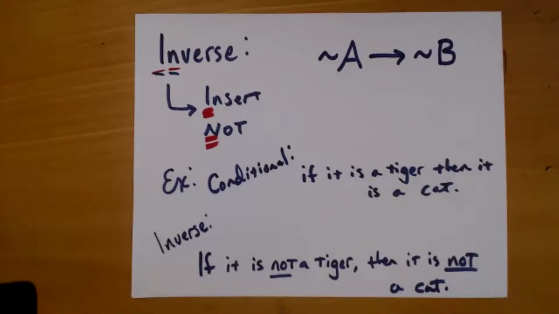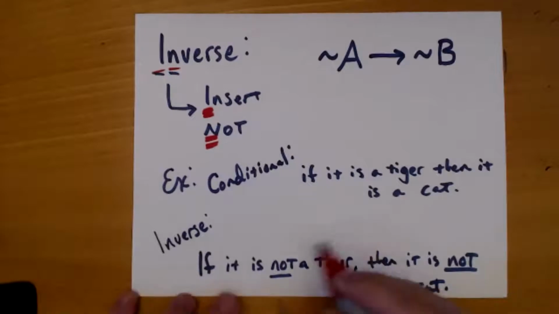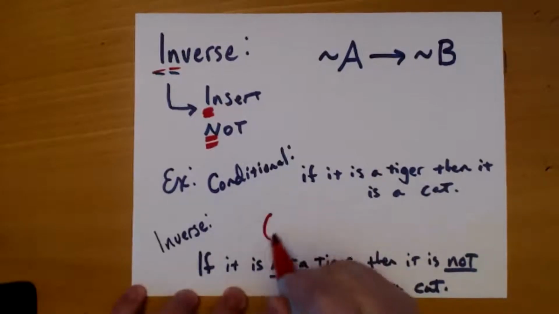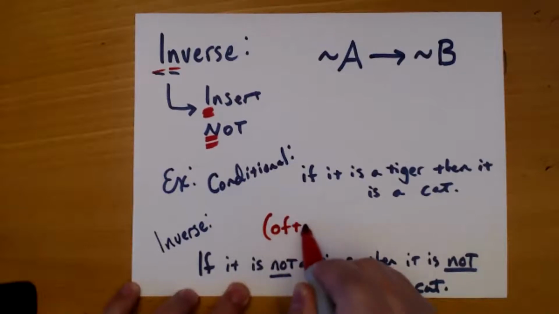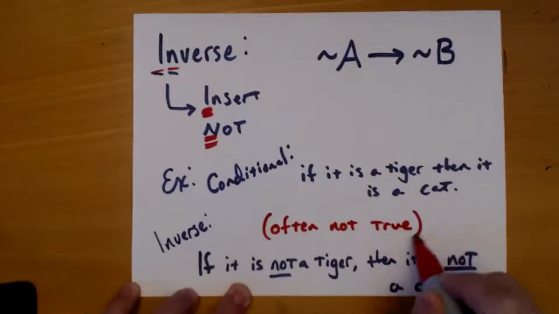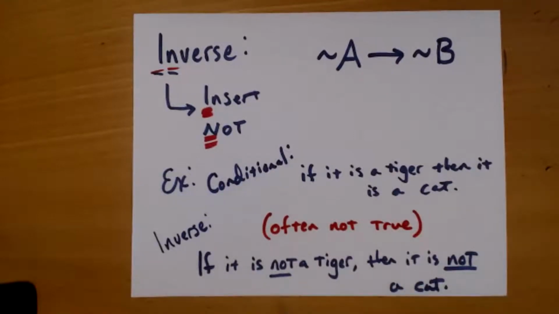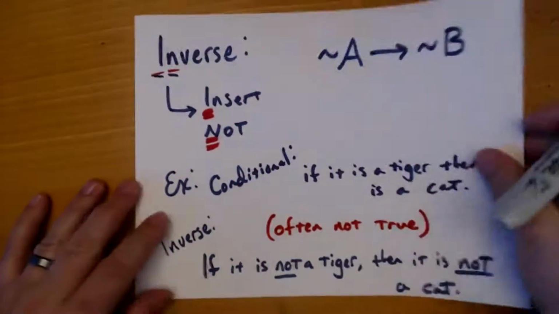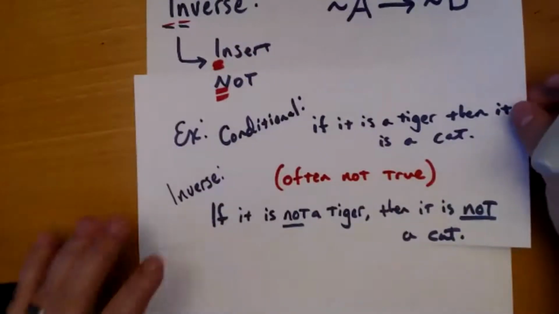So one thing that we can say about the inverse is that it is also often not true. All right. So let's do one more example just to be clear about everything.